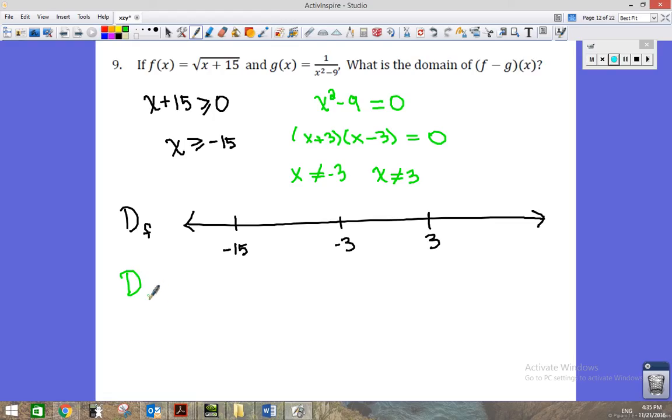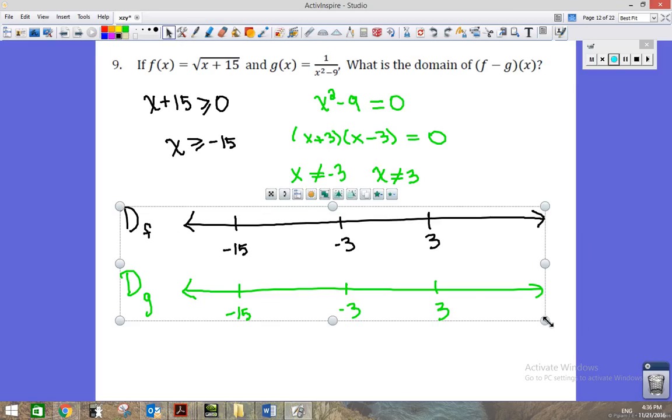The domain of g, well, I want to have the same window, the same picture, because I need to look at negative 15, negative 3, and positive 3, because those were the boundaries of both answers.